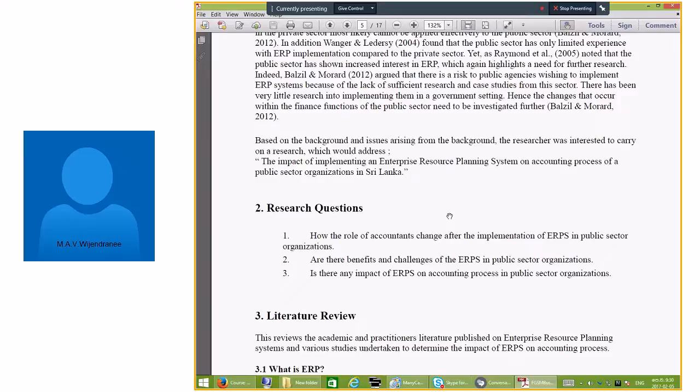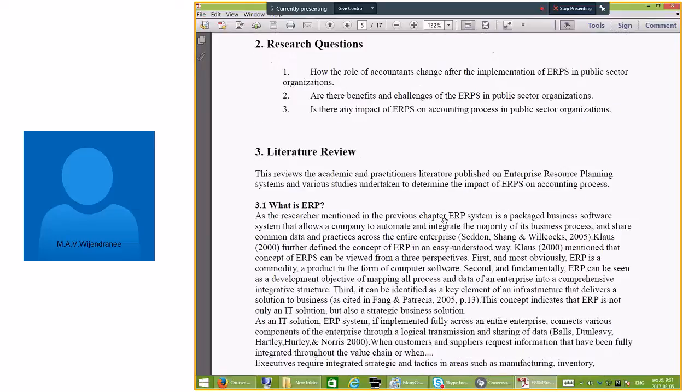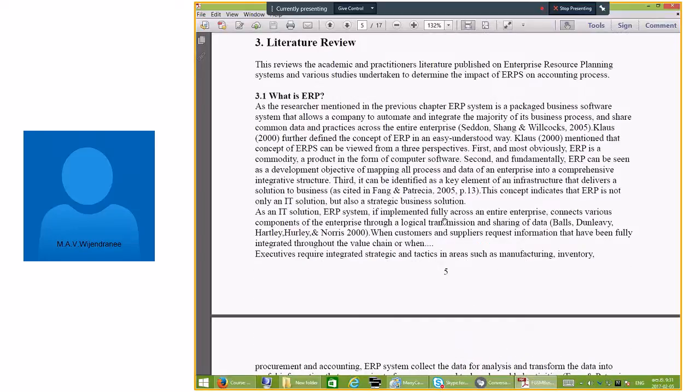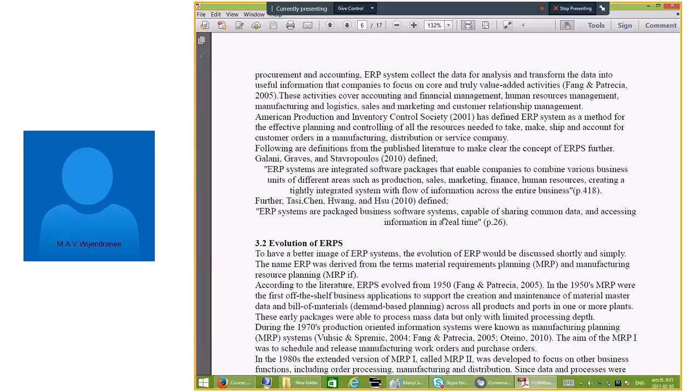This organization has introduced SAP implementation as an ERPS. A sample of 50 informants can be selected using purposive sampling. Semi-structured interviews and document search can be used as the data collection method. Interviews are used as the primary data collection method, and document search is used as the secondary collection method.